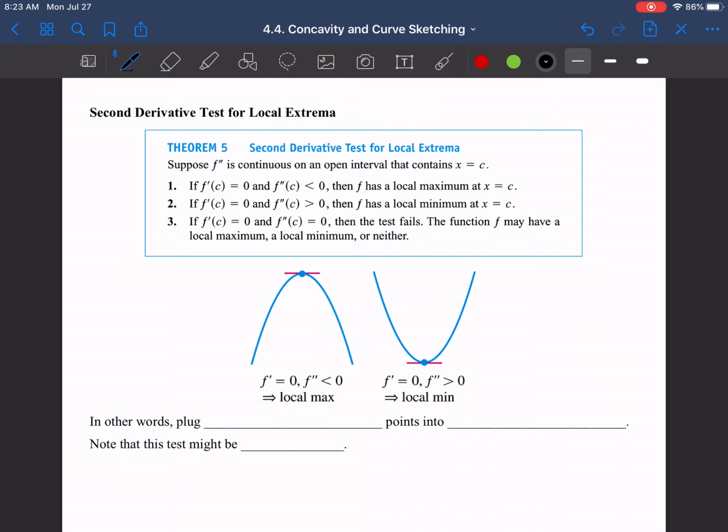If f prime of c equals 0, if the first derivative equals 0, we know we have a horizontal tangent, and f double prime of c is greater than 0, then we have a local maximum. That would fit this example right here, okay? That fits that example, and you can see at this point we have a horizontal tangent. That gives us this being true.